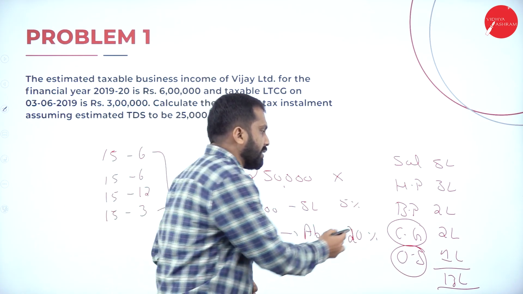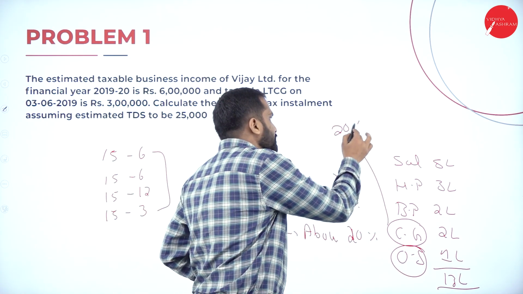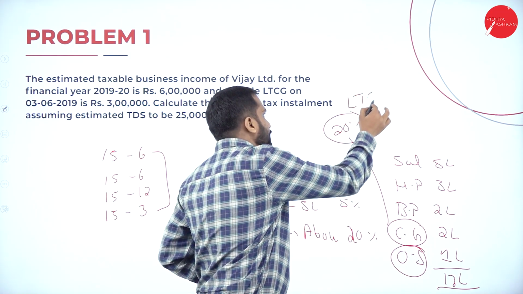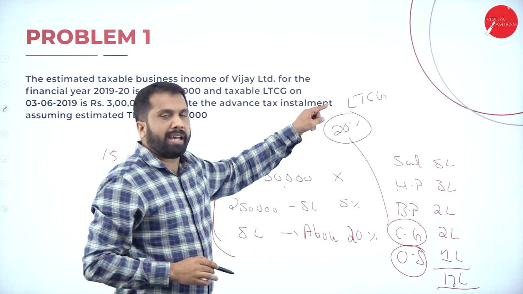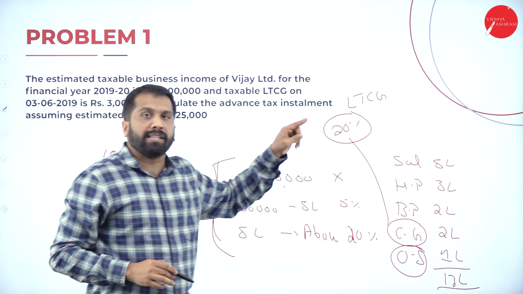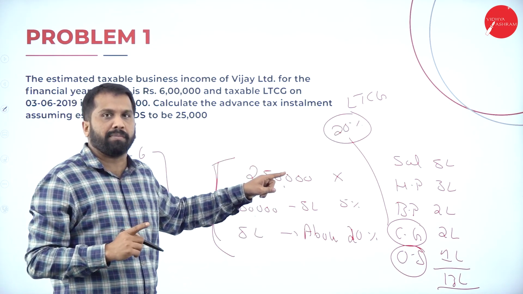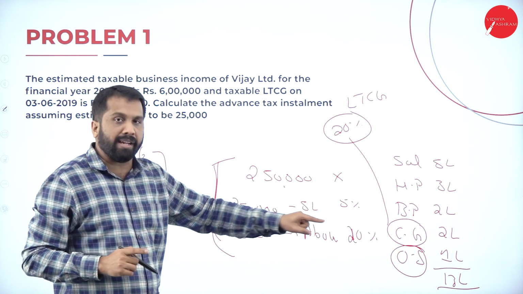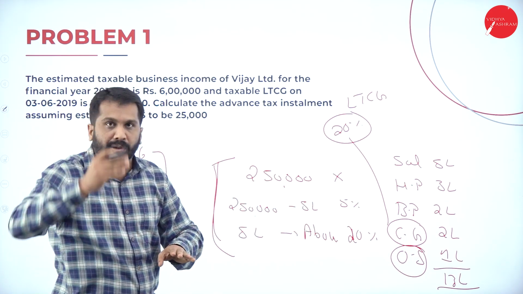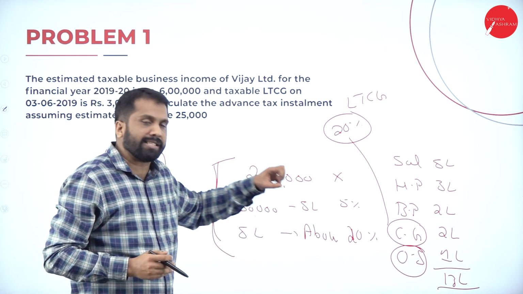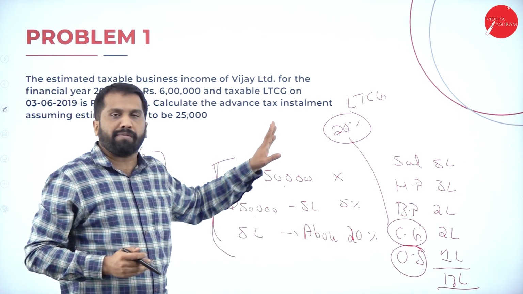Then you calculate separately at 20%. Long-term capital gain will not come under this slab. Always remember, long-term capital gain you will not calculate normally. You take it separately and calculate 20%.